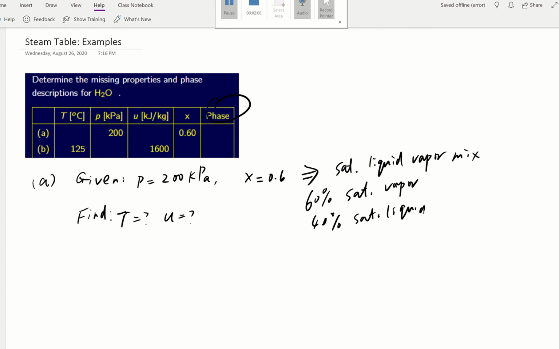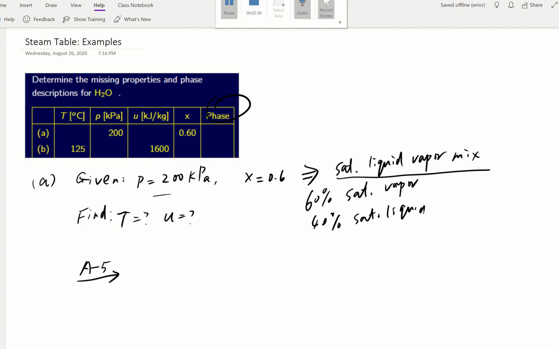Remember, table A4 is the saturated table by temperature, and table A5 is a saturated table also, but by given pressure. Is this saturated? Yes, because it's a saturated liquid vapor mix. It's not superheated, not compressed liquid. So since we are given the pressure, we know immediately we're going to go to table A5 to help us find a few things.